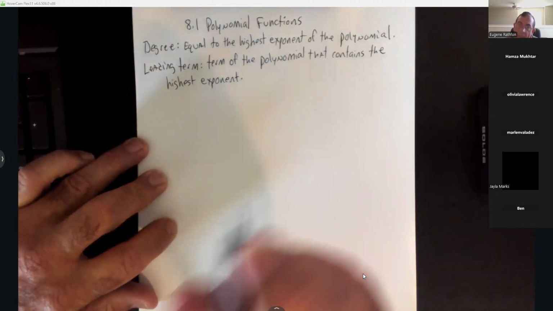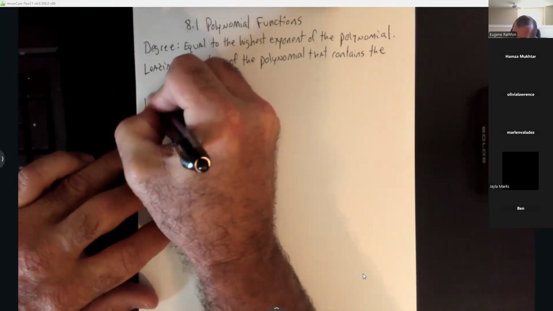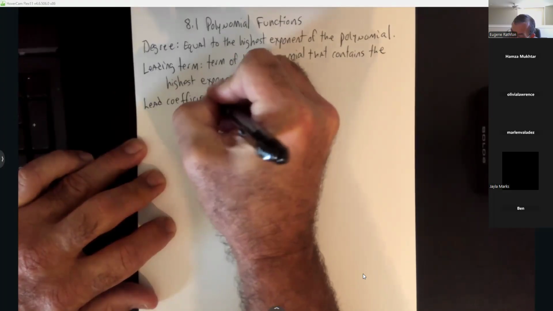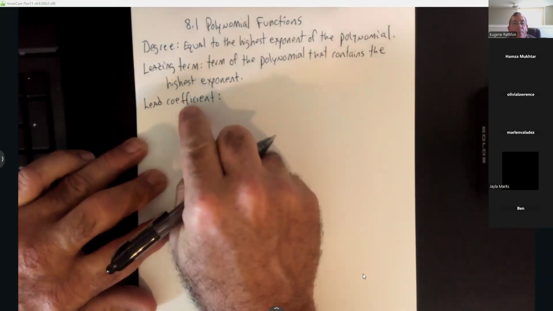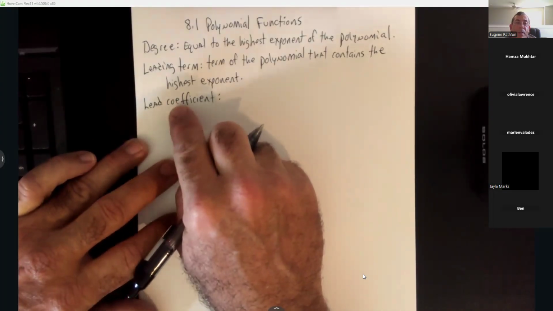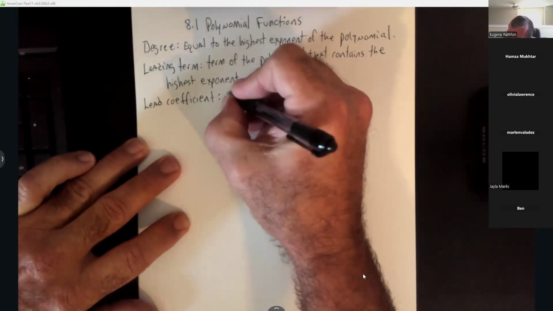All right, then you've got what we call a lead coefficient. So a coefficient is just a number. So when I talk about the lead coefficient, I'm talking about the number in front of the leading term.